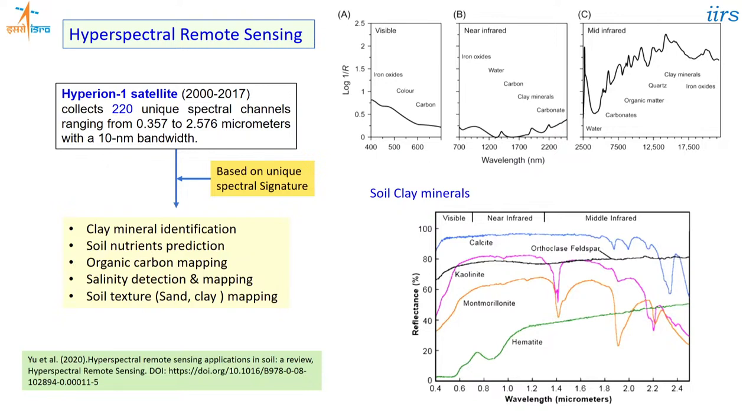In general, if we want to study the spectral signature, we cannot generate it using multispectral remote sensing data, because in that the bands collect the reflectance or absorbance in a broad wavelength region of 75 or 100 nanometer.